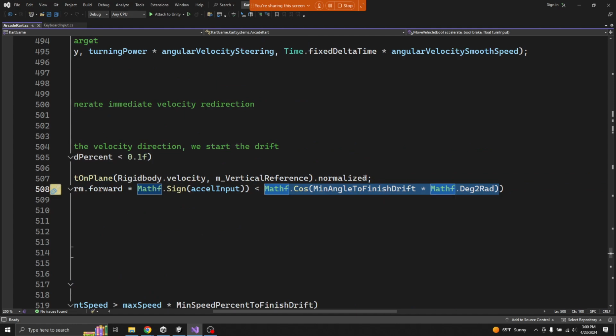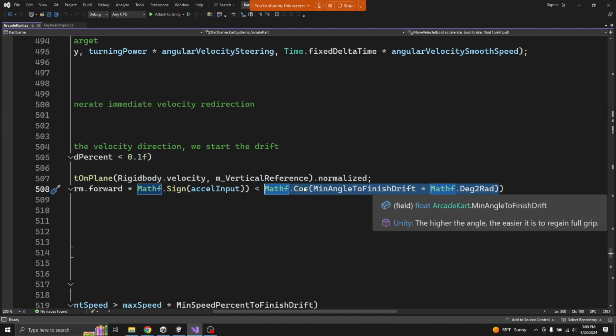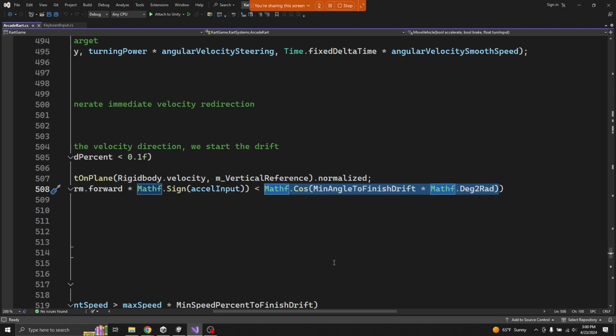So maybe this could have been calculated once, like in your Awake or something. But maybe if it's exposed in the inspector and people are changing it, maybe you want to calculate it all the time. But anyway, this is going to eventually evaluate to some type of large number less than 1, like 0.8, 0.9 or something. Remember this is the x value.